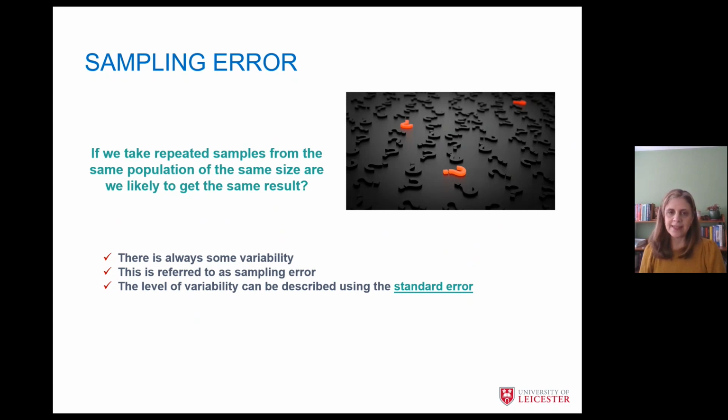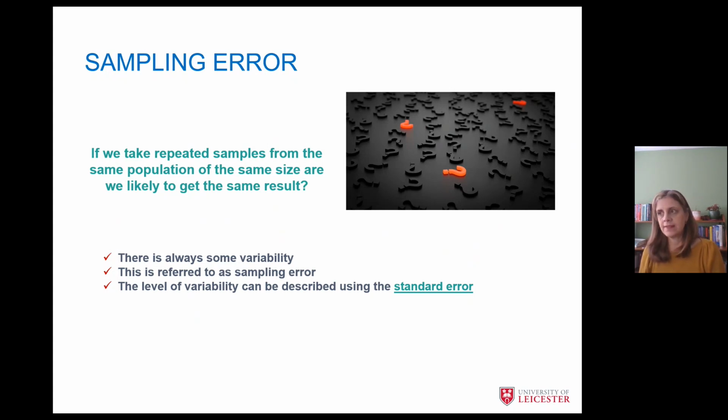You might by chance get slightly older people in one sample or more females in one sample. And those differences are going to mean that you end up with slightly different results between your samples. So there's always going to be some sort of variability, and this is referred to as sampling error.